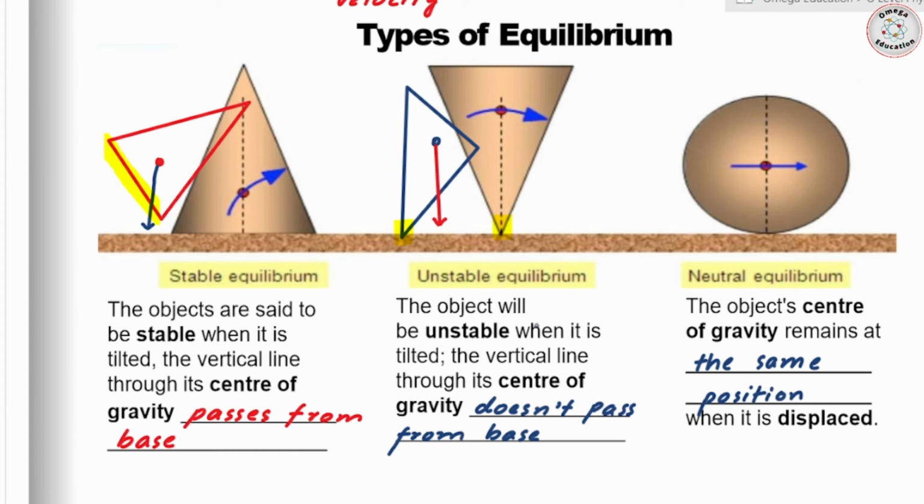A snooker ball moving on the snooker table, or a tennis ball rolling on the floor. Its center of gravity doesn't go up or down. It remains at the same place. And no matter if you touch the snooker ball or the tennis ball, it will remain at the same position. Its center of gravity will remain at the same position with respect to its original position.